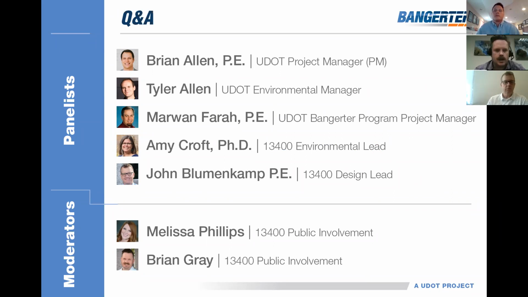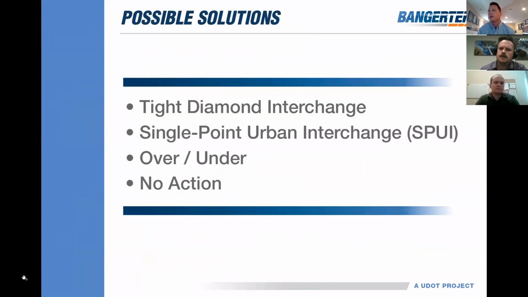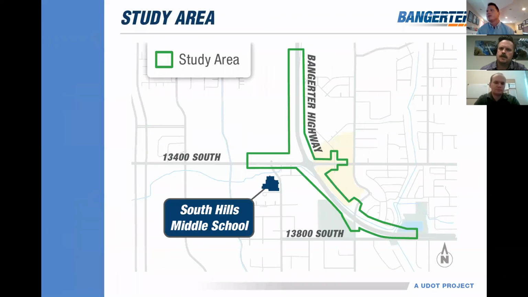Here's a question for Brian. How far east of Bangerter will you make improvements? So we showed a project area earlier. We really tried to limit the impacts to the Bangerter area in order to contain the project. So this slide shows the study area. We're evaluating impacts that far east.